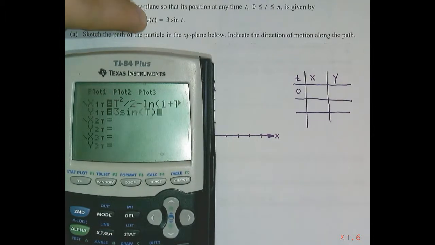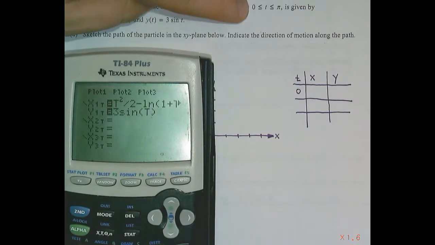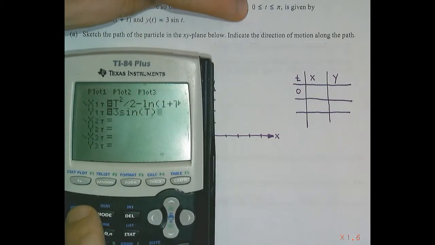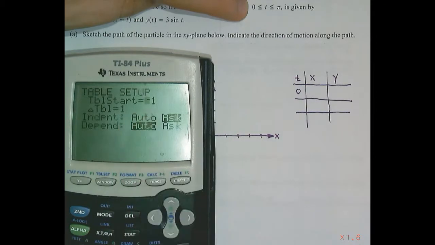Now, this equation is given on the boundary of 0 to pi halves. So if we go to our table setup and we start our table at 0, and we'll do delta steps of pi fourths, and we can change that to automatic.